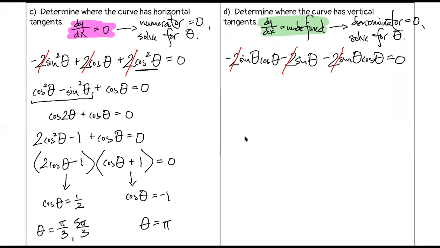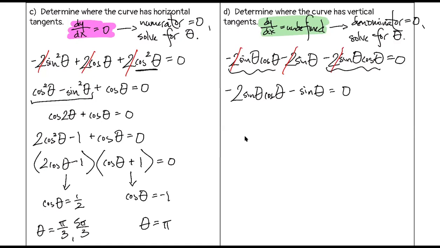And I am going to get negative 1 of these and 2 of these, so -2 sine theta cosine theta minus sine theta equals 0. I know that 2 sine theta cosine theta is an identity, but one thing that is really helpful to us is greatest common factors, okay?